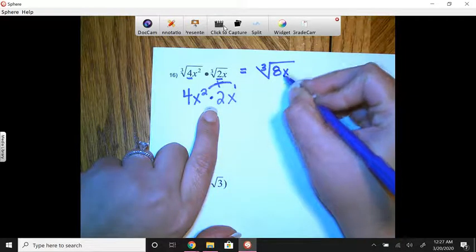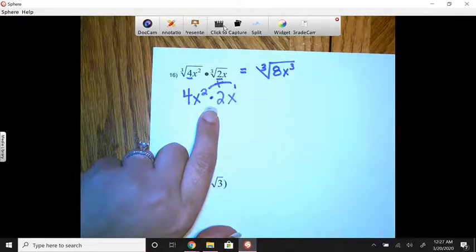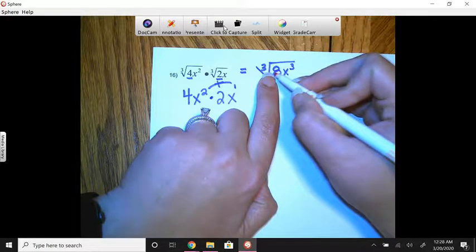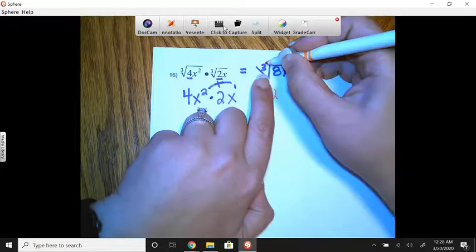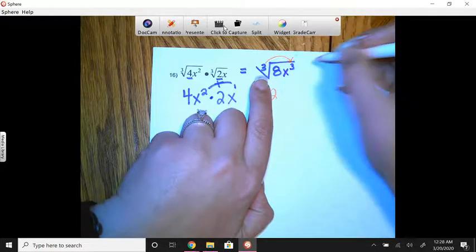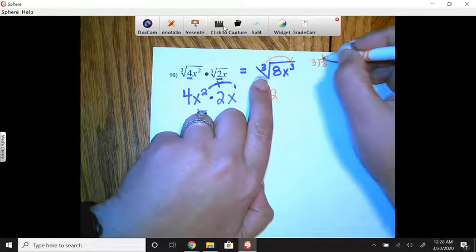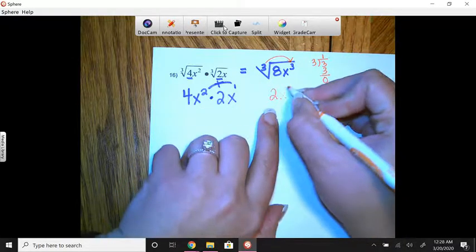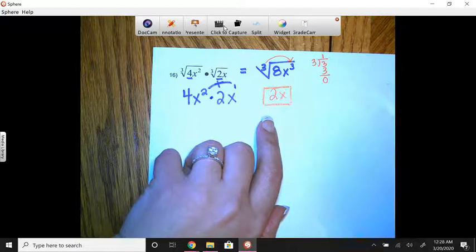That's how come we have x cubed inside here. And then the cube root of 8, what times itself 3 times is 8, that would be 2. And then 3 goes into 3 once, with no remainder left inside. So we would get 2x for our answer here.